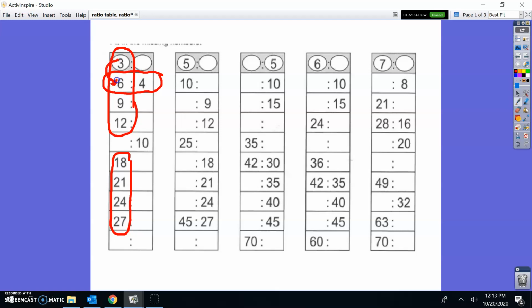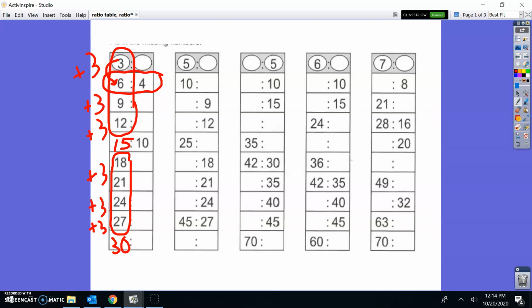I see that in the left-hand column, we increase by 3 all the way down. That's a consistent pattern. So I know that this missing integer here is 12 plus 3, which would be 15. And 27 plus 3 is 30.